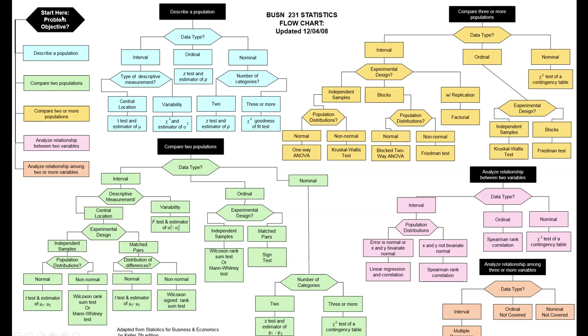So here is the structure of the course, really. So on this left side of this analysis flow chart, in this course we're going to be dealing with 5 different big topics. Topic number 1, which largely we already discussed and covered, so we're pretty much done with that: describe a population, meaning a single population of data. We've done that, right?